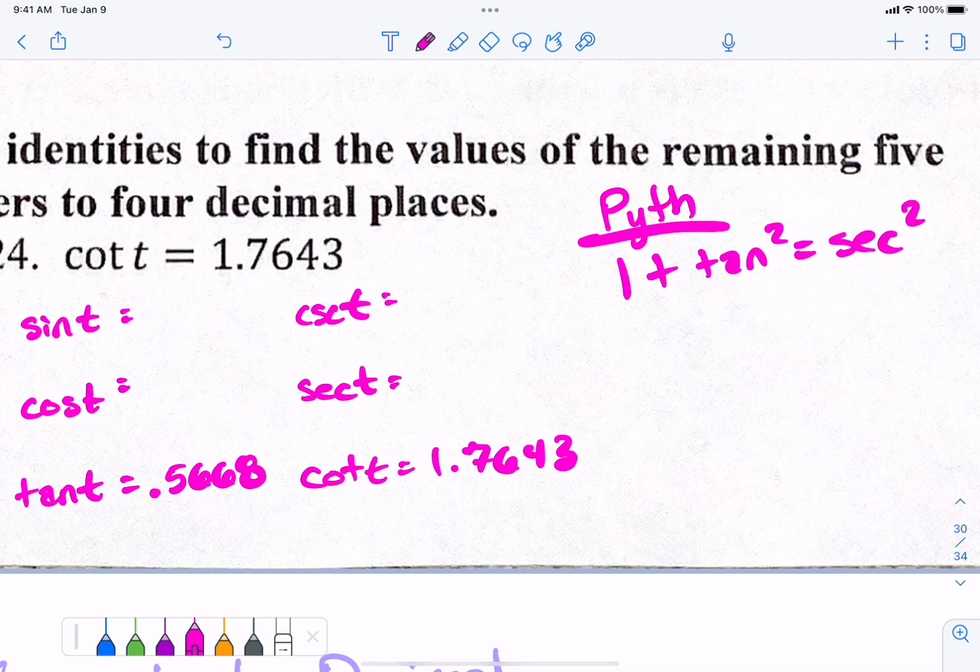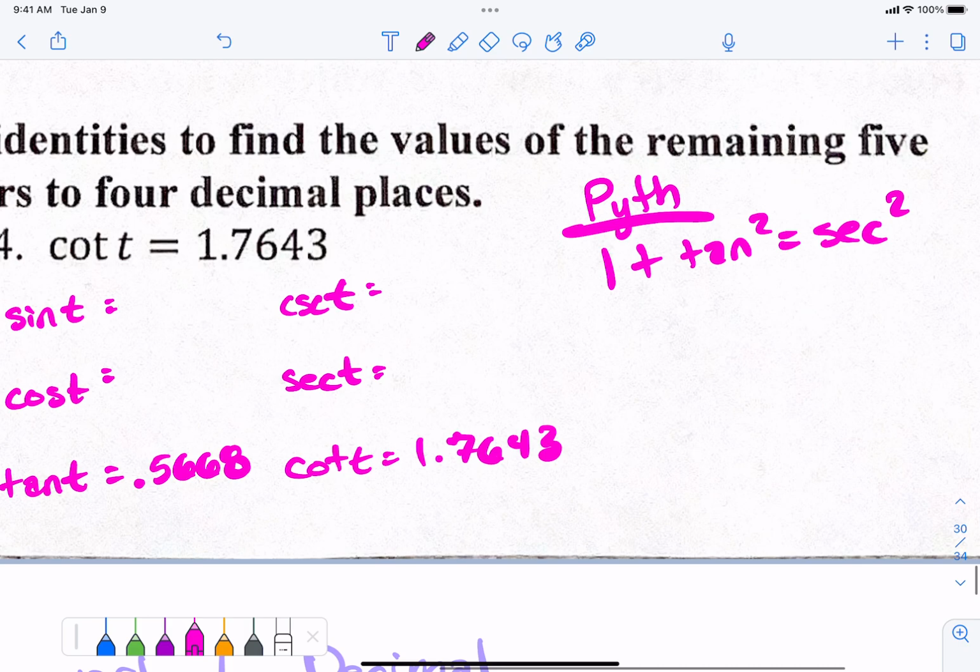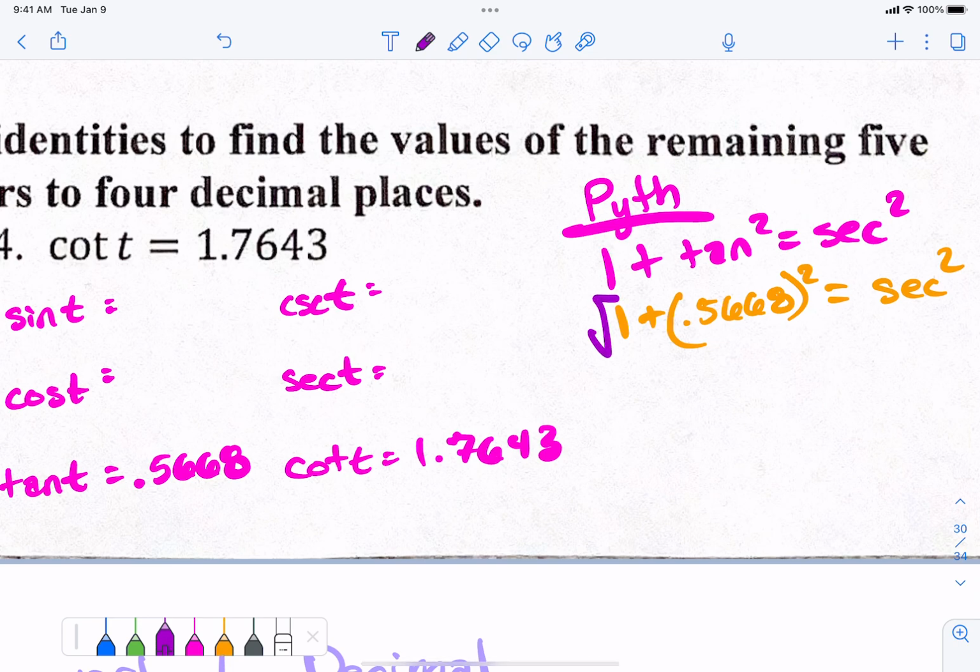You have your blue sheet, you get to use that. They're all on there. So tangent is 0.5668. We're going to square that and add it to 1, and that's what secant squared is. If I want just secant, take the square root of that when you're done. So 1 plus 0.5668 squared, and then the square root.